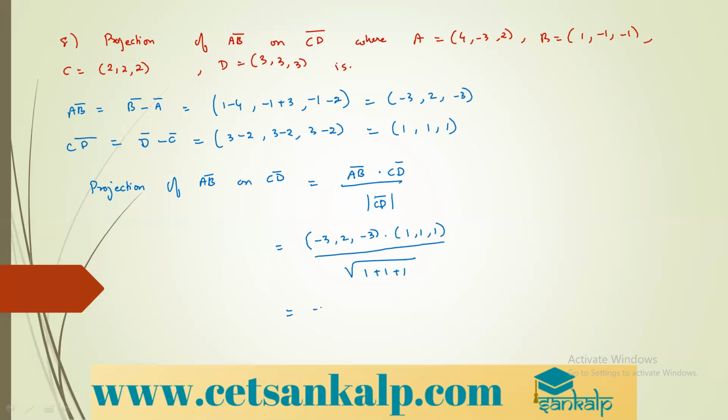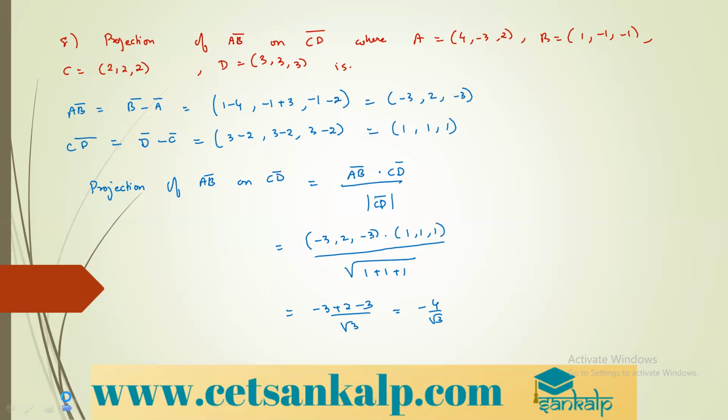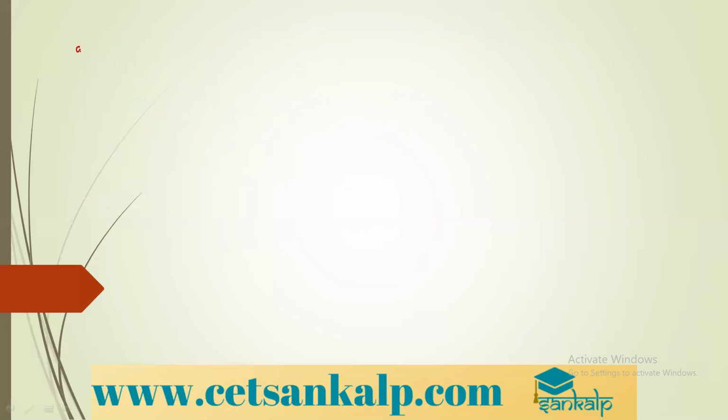The dot product will give me (−3 + 2 − 3) by square root of 3, and that is −4 by square root of 3. If we know the formulas, we can do them very easily.